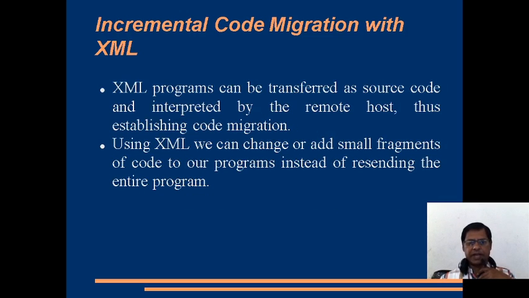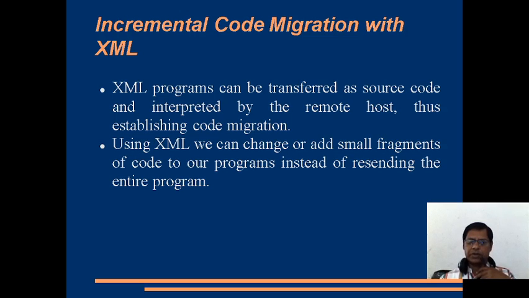XML programs can be transferred as source code and interpreted by the remote host, thus establishing code migration. So using XML, we can change or add small fragments of code to our programs instead of resending the entire program.